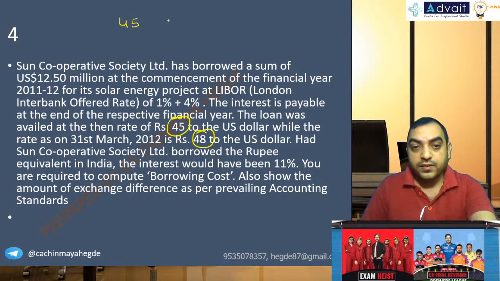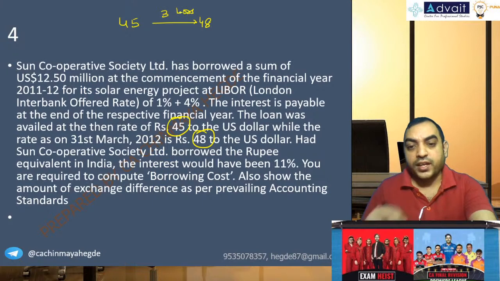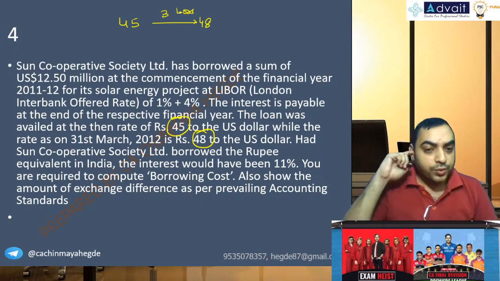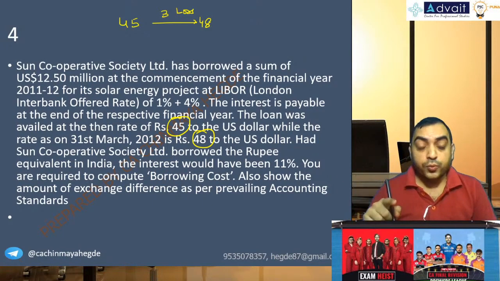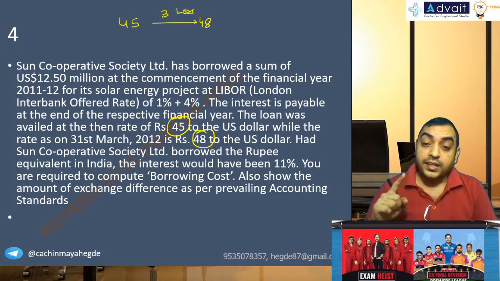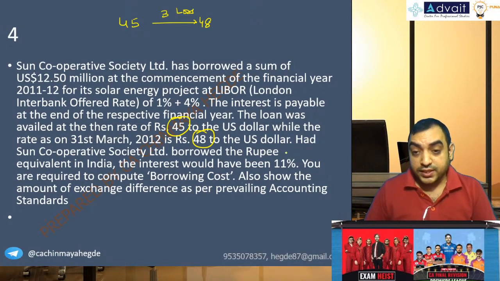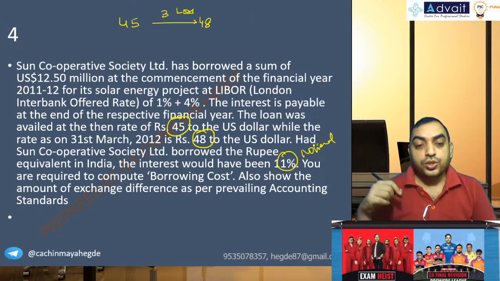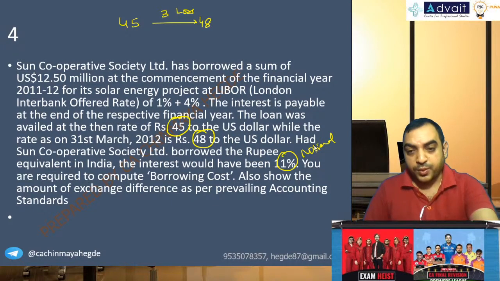So 45 has become 48. So 3 rupees is the foreign exchange loss. Had Sun Cooperative Society Limited borrowed the rupee equivalent in India, interest would have been 11%. This is notional, had you taken in Indian terms. You are required to compute the borrowing cost, and also show the amount of exchange difference as per prevailing accounting standards.